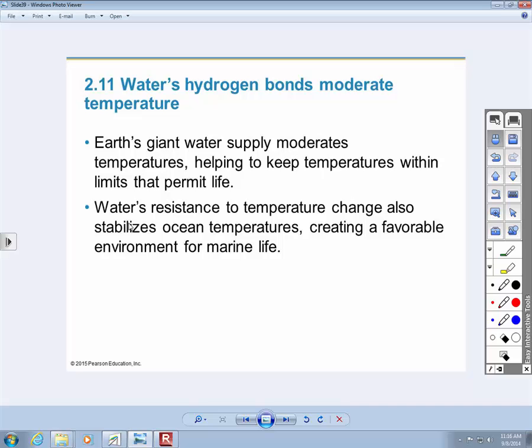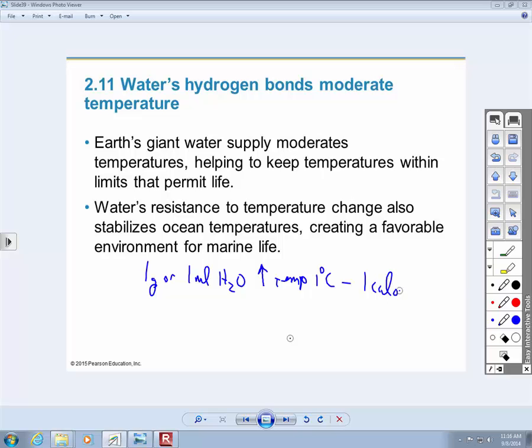So if I wanted to increase the temperature of 1 gram of water, which is really 1 milliliter of water, by 1 degree Celsius, and I only had 1 mil, which is not much, this takes exactly 1 small calorie to do that.